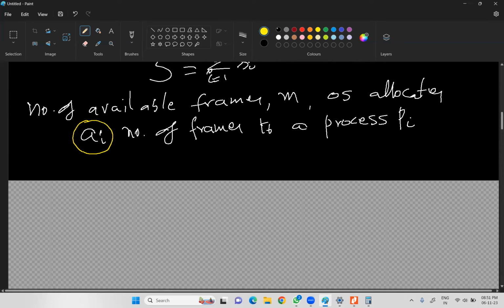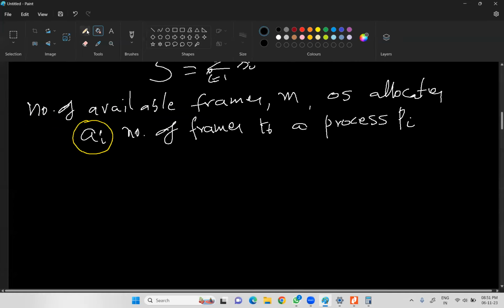It would be something like this: the number of frames to be allocated will be ai equal to small si divided by capital S, into the number of frames which are available, m.